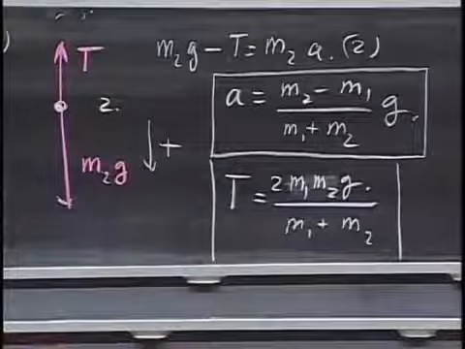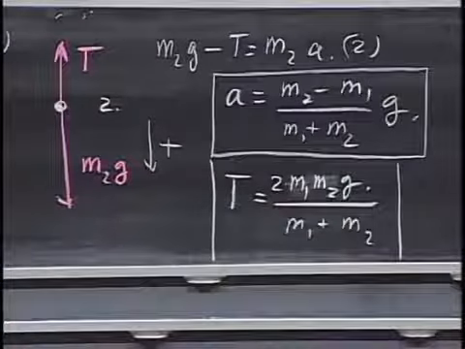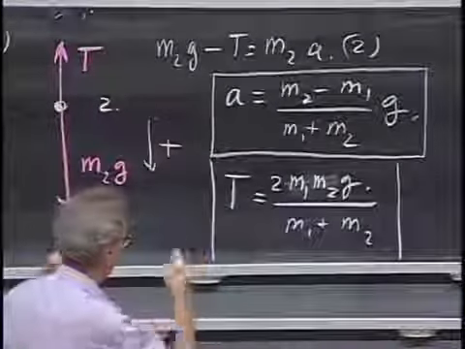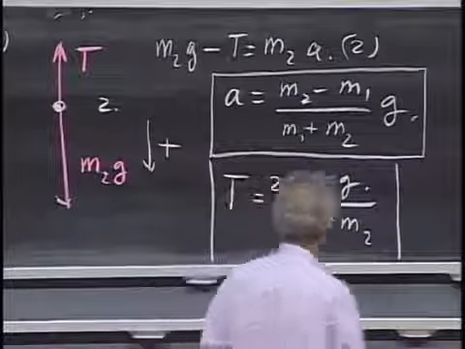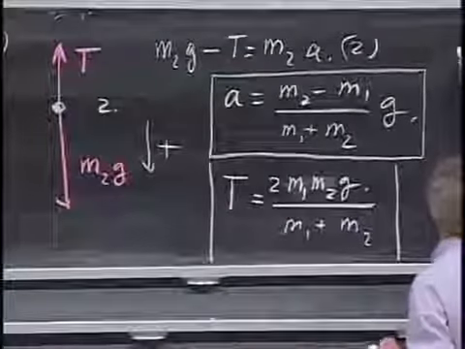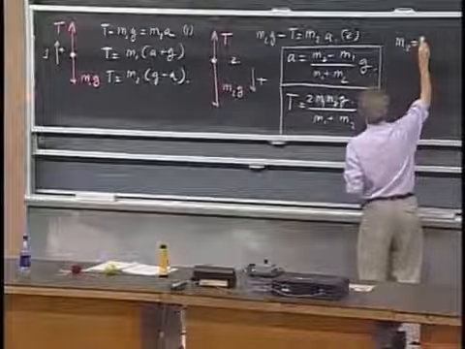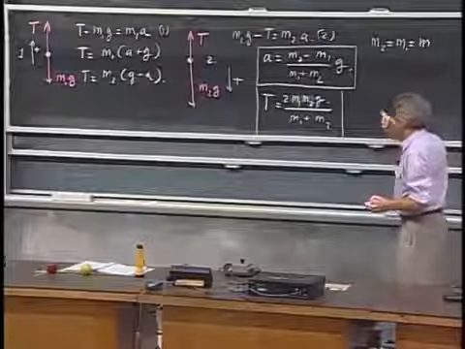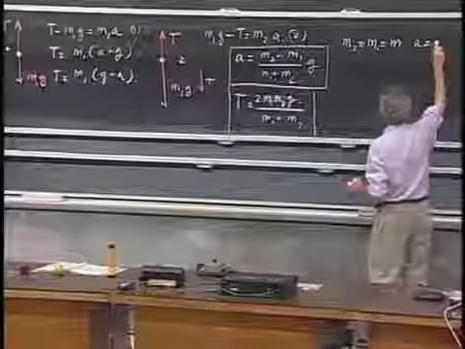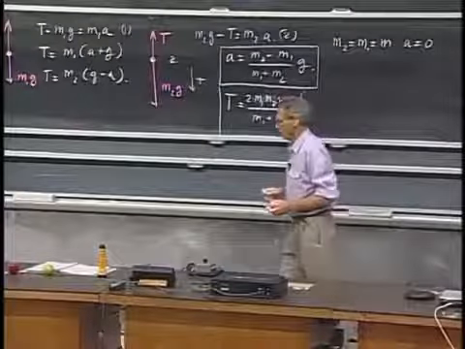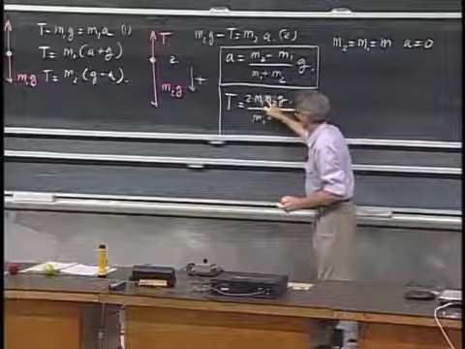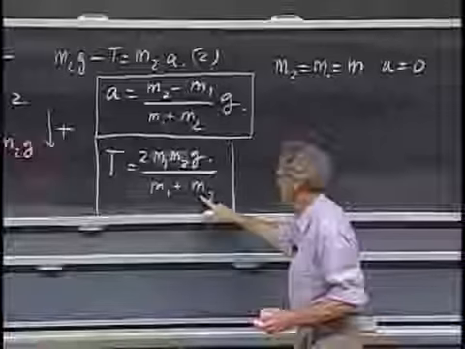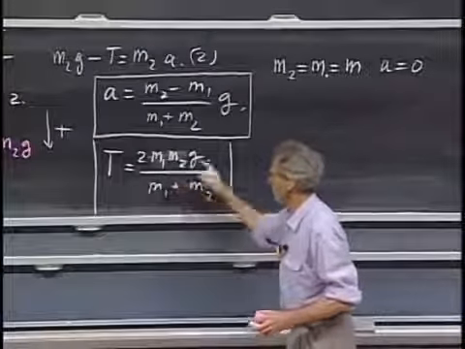Let's look at these equations. Let's scrutinize them a little. Let's get some feeling for it, rather than accepting them as being dumb equations. Let's first take the case that m2 equals m1, and I'll call that m. Notice that A becomes 0, and notice if you substitute for m1 and m2 m here, that you get 2m, you get mg.